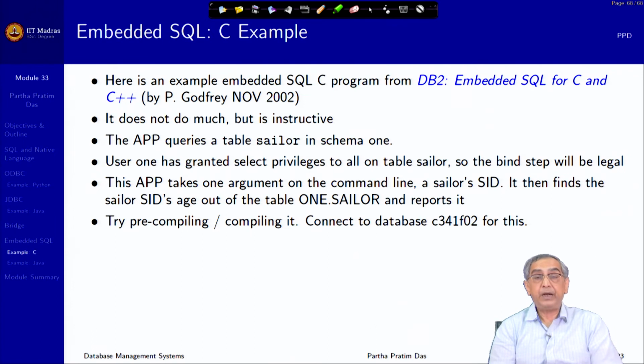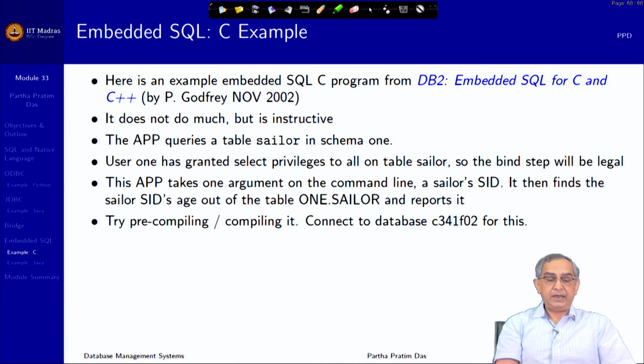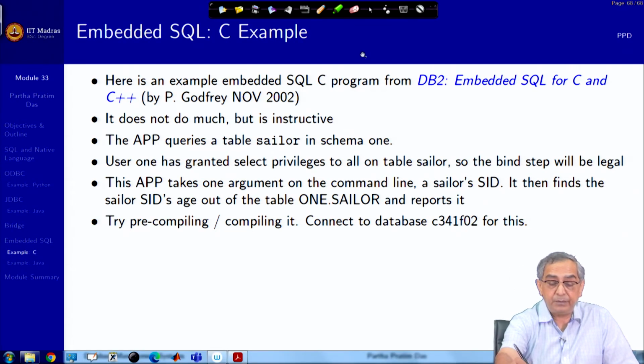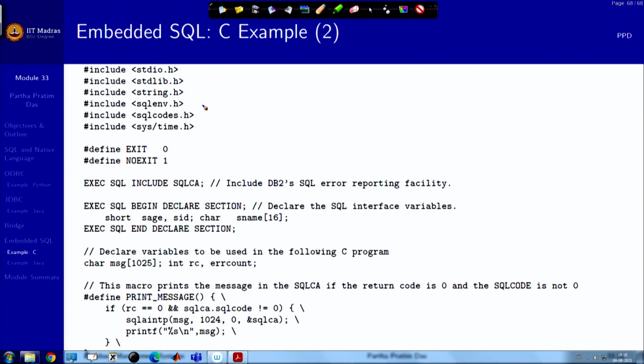Okay. So, time for a full example. Here there is a seller table, this is a C example. From this seller table you can give the ID and get the seller's age, which is very simple. Let us see what the embedding requirements are. These two are headers for embedding SQL. This includes error reporting, which says that error reporting can be done.